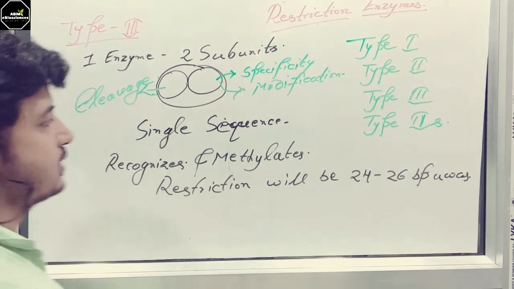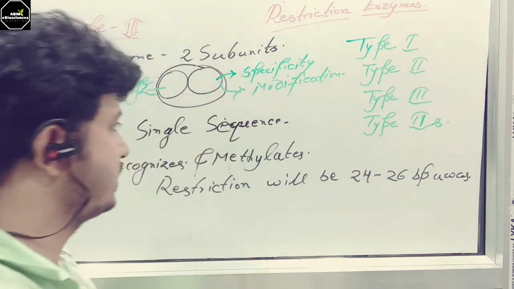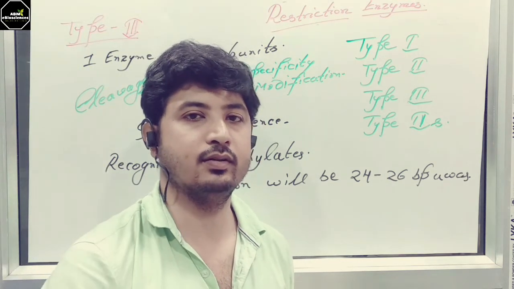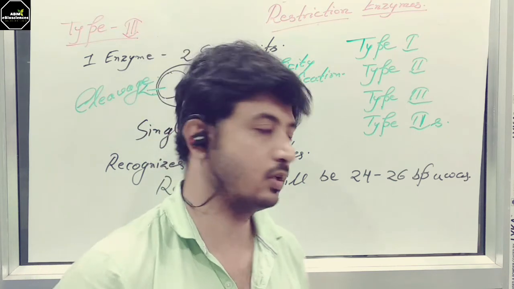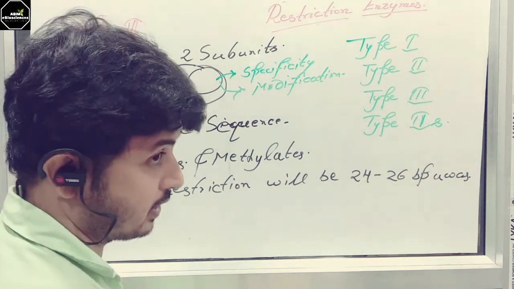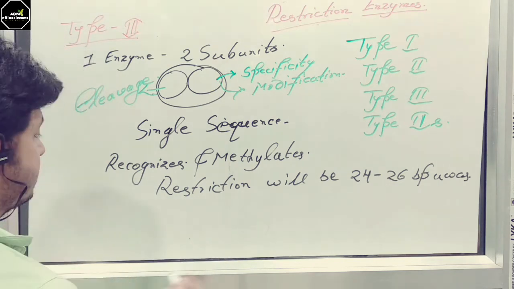So the recognition and the methylation sequence will be the same, but restriction will be around 24 to 26 bp away from the recognition site. This is a disadvantage for your recombinant DNA technology work. But it has several other dependent mechanisms which are important for normal cellular function or bacterial cellular function.